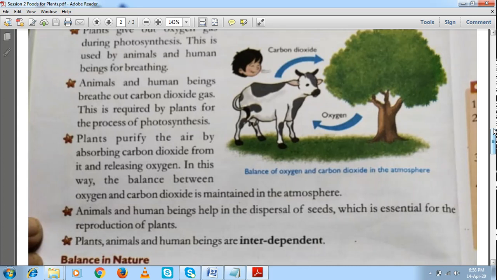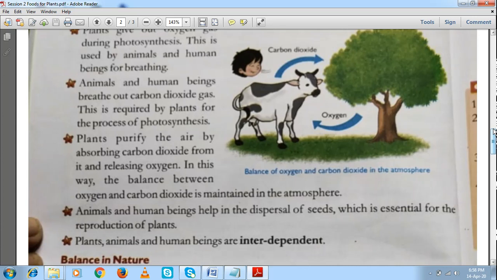On the other side, the next blue arrow indicates oxygen, which means that plants are taking in carbon dioxide and in turn releasing oxygen. Hence, there is an interdependence between human beings, or you can say living beings, and the green plants.